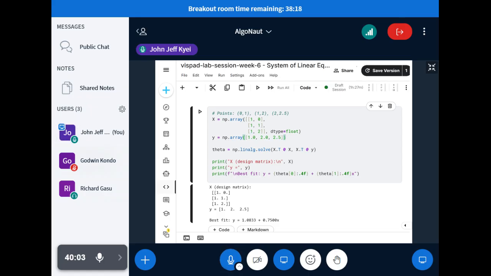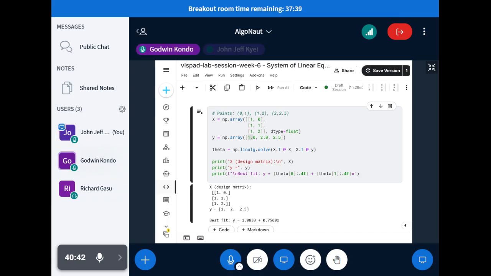With y you can already see that y is 1, 2 and 2.5, which is done over here. All right, but with the x we're having this in pairs, almost like x and y again. Anyone wants to try?